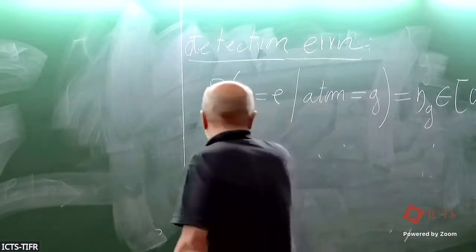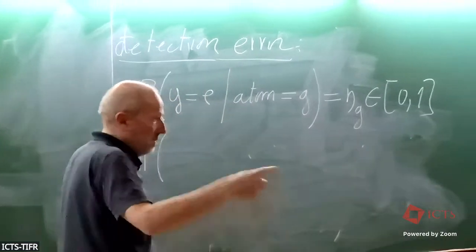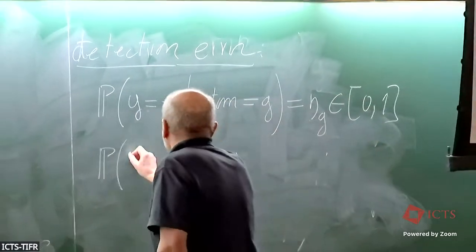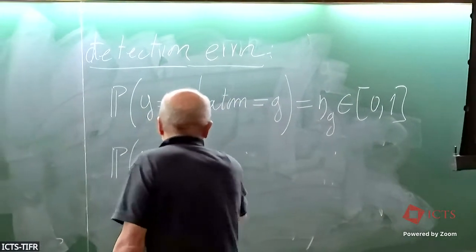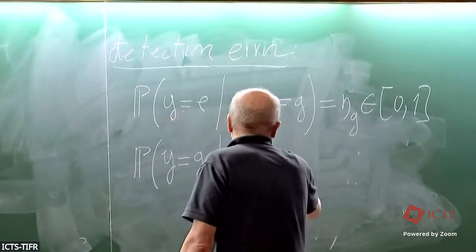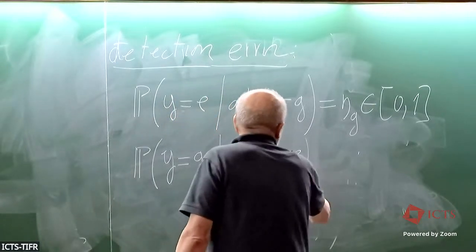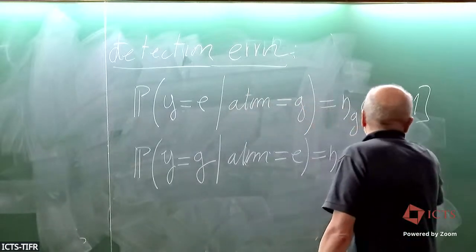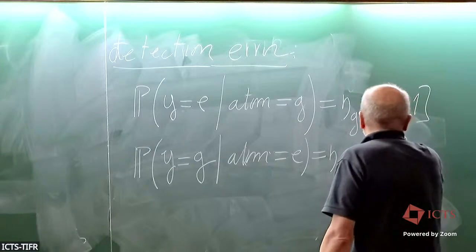And I have the second one, because the error could be not symmetric. It is when I detect y equal to G, knowing that the atom is in E. And I call it eta E.